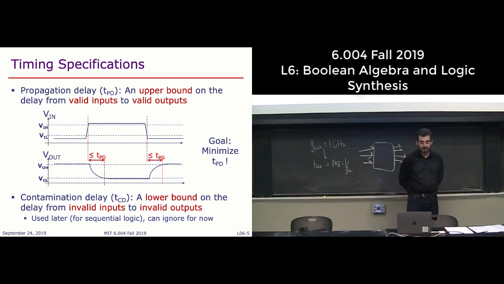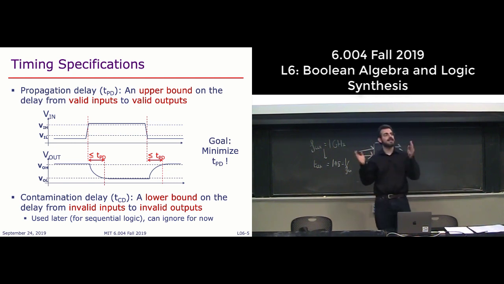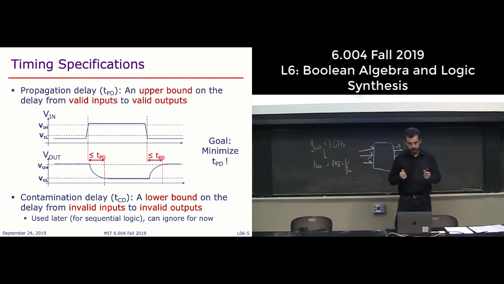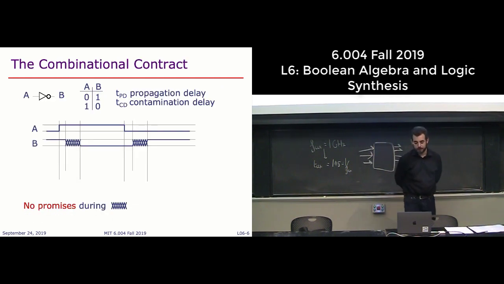So the minimum of all those delays is the contamination delay. And we care about the contamination delay for reasons that will become very obvious when we look at sequential logic. For these combinational devices to work with the devices that sample them, which we call registers, they actually need to stay stable for a little bit.